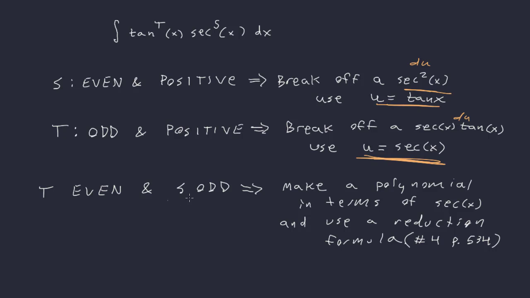The third case, if you don't get either of these, so if t is even and s is odd, you basically have to make a polynomial in terms of secant and use a reduction formula. So that would be like number 4, the number 4 reduction formula on page 534 of your book.